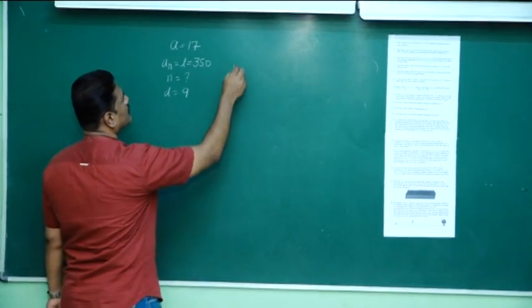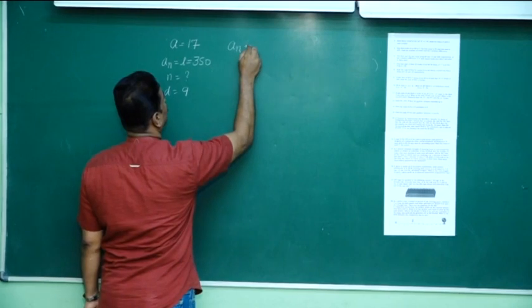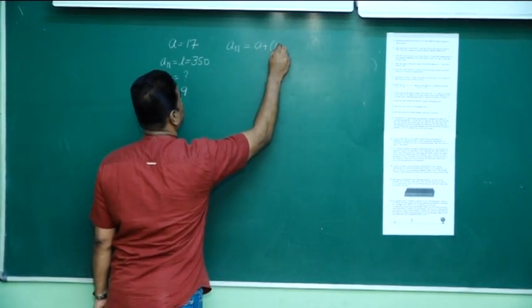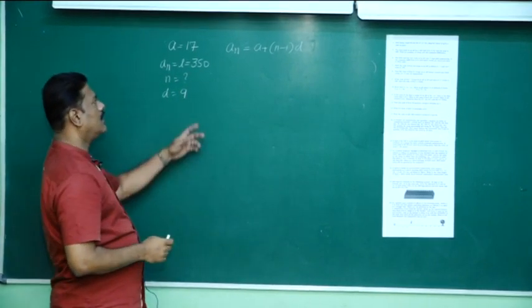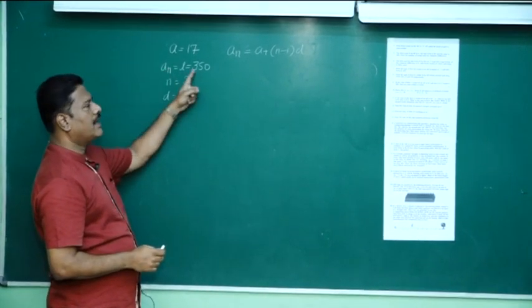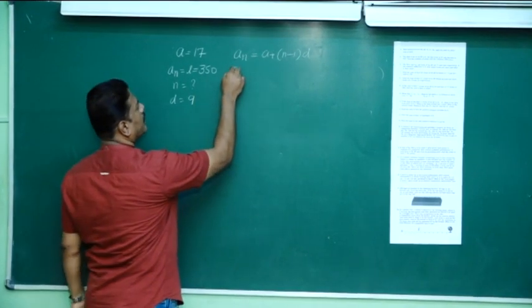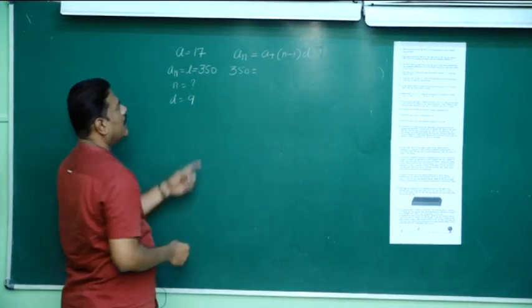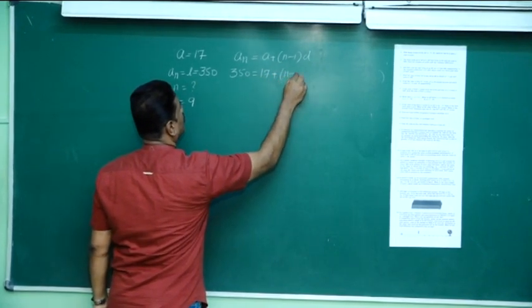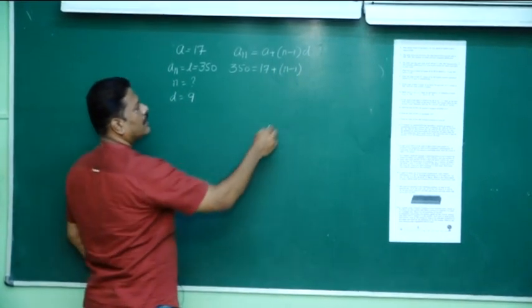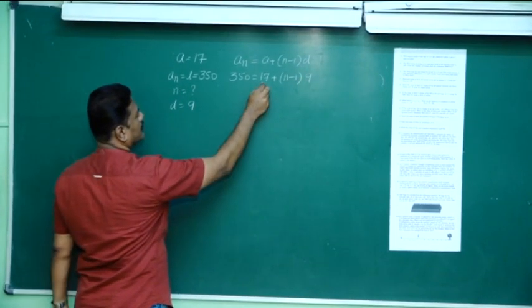Okay, so we make use of this formula: an is equal to a plus (n minus 1) into d. Now substitute the values in the respective places. An means 350, I write 350. A means 17, n I don't know, I have to calculate. d is given 9.